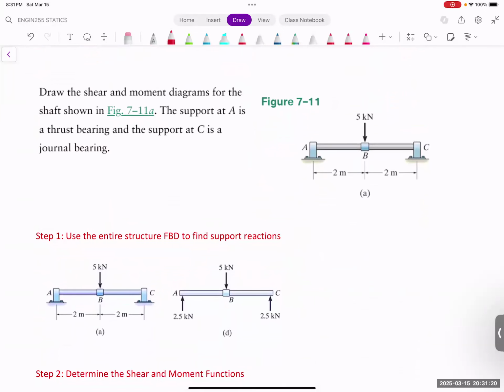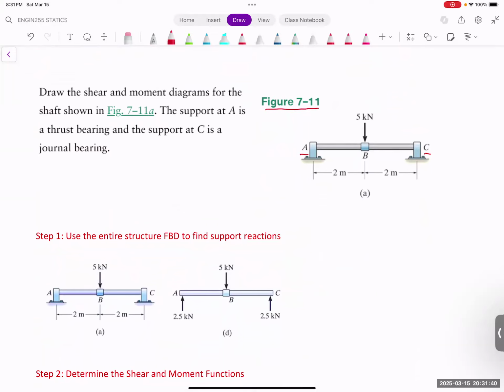So here is an example. We have a setting, figure 7-11, and it's a very simple member like a shaft, supported at both ends. Points A and C are like bearings.